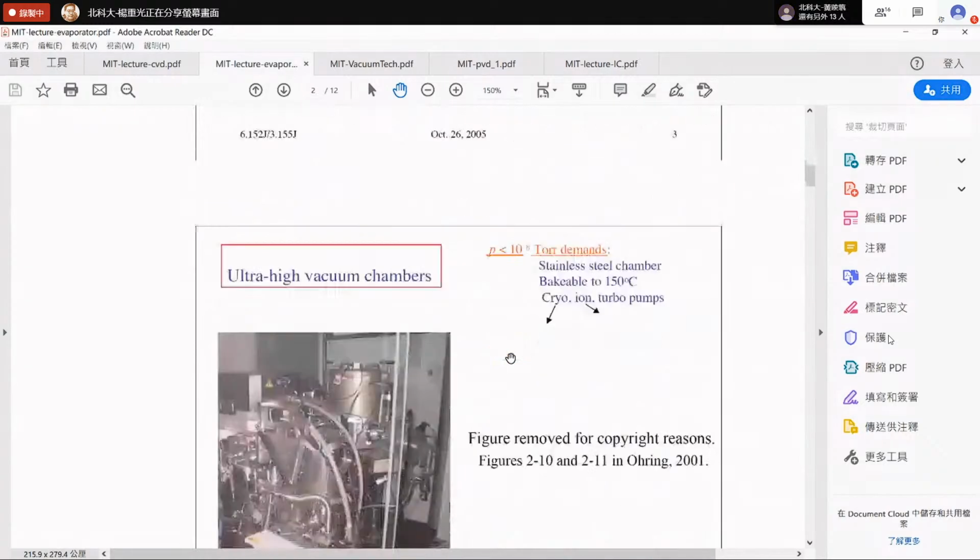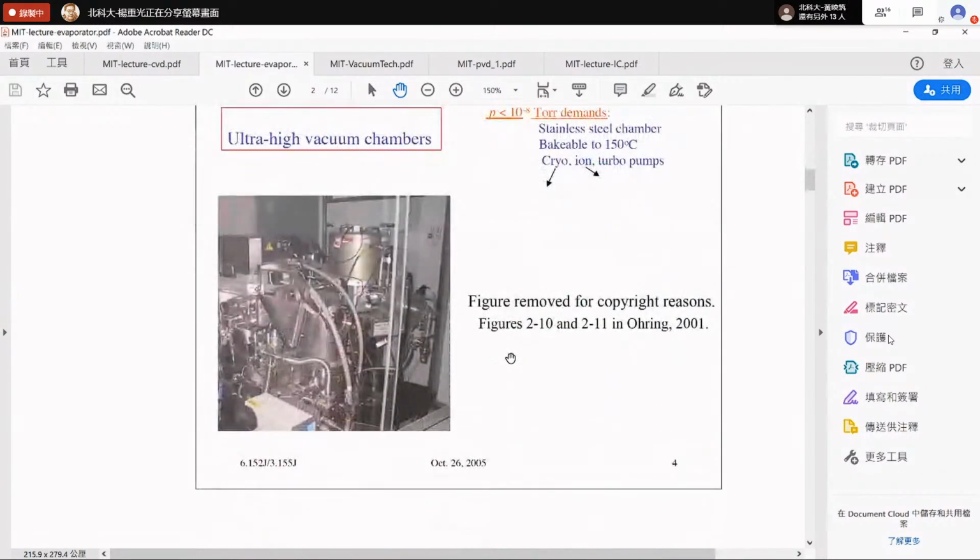Let's skip this. So this is an ultra high vacuum chamber. This is a viewport where you can see through. Okay, and this is difficult to see, but this is a load lock, a gate valve.